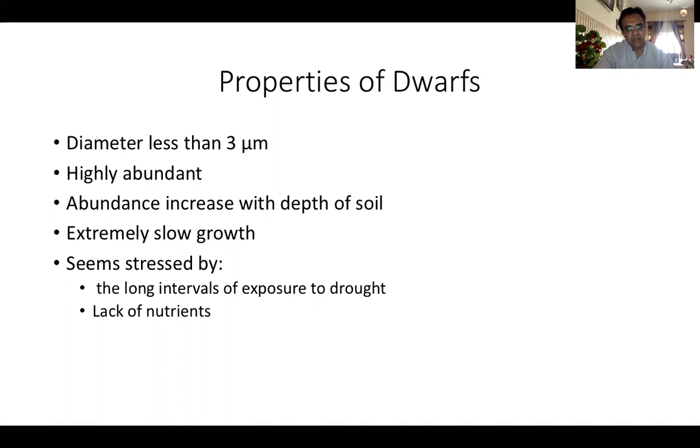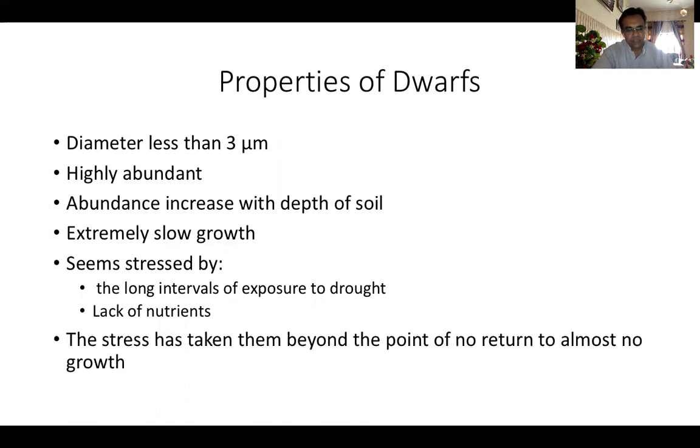The major stress comes when there is a shortage of moisture or a shortage of nutrients. And nutrients are something which is limited, and the same is true for moisture. So one of the hypotheses is that this stress because of lack of moisture or nutrients takes them to a point from where they cannot return back to normal growth.